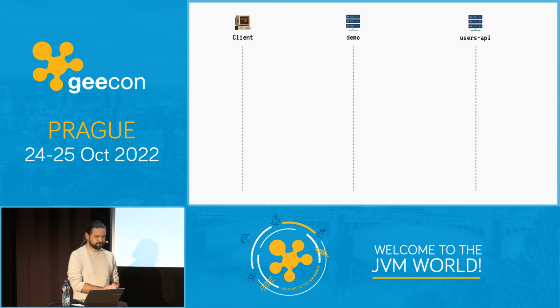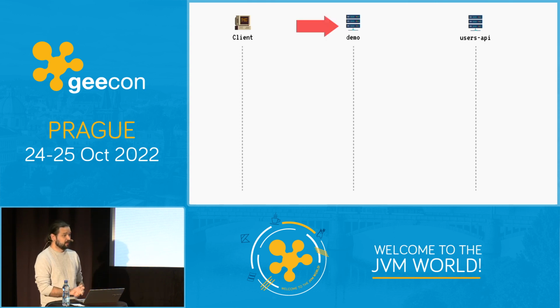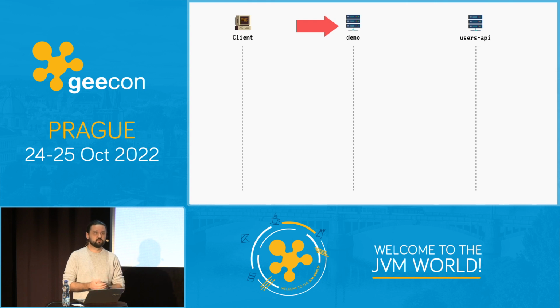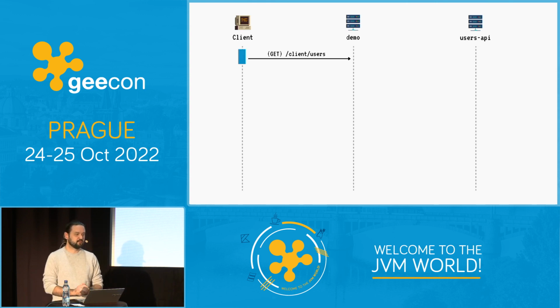So what are we going to build? We will implement this demo app, and there will be two scenarios that we will look into. The first one is sending GET requests for users from the client, from the terminal, to our demo app.